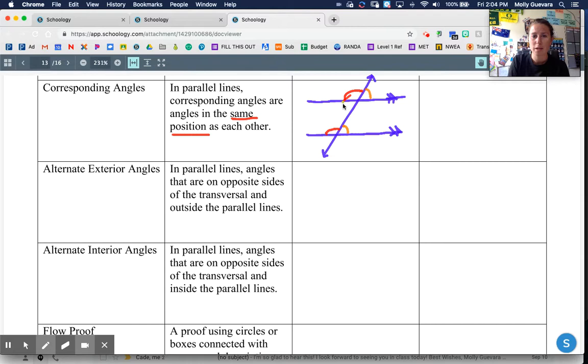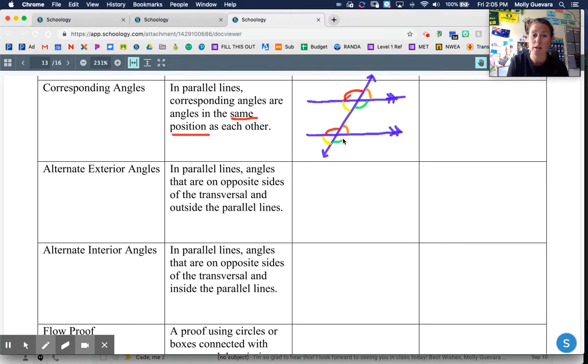Same thing if I'm talking about this angle. It's to the left of the transversal, but below the parallel line. So then that would correspond with this one, to the left of the transversal, below the parallel line. And then lastly, the green is to the right of the transversal and below the parallel line.